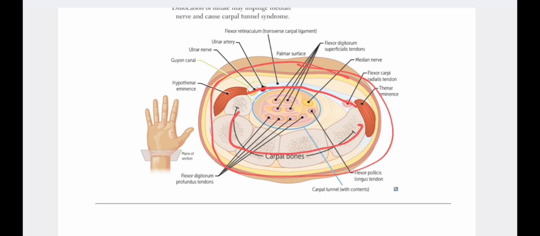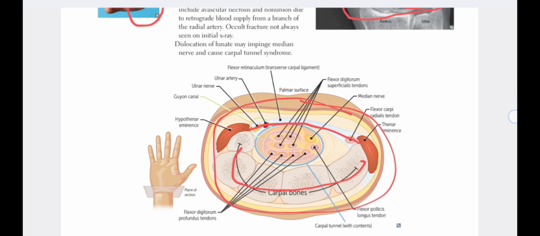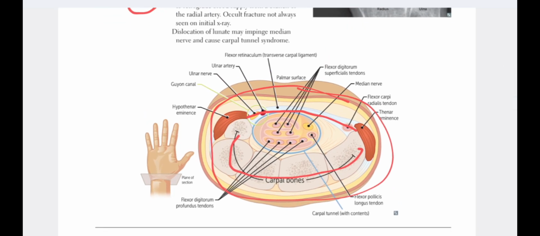If there is compression of the median nerve while passing through this boundary, it will result in carpal tunnel syndrome. The symptoms include wasting of the muscles, wasting of the thenar muscles. There can be paresthesias, numbness, and different types of symptoms that we will study in our pathology section.